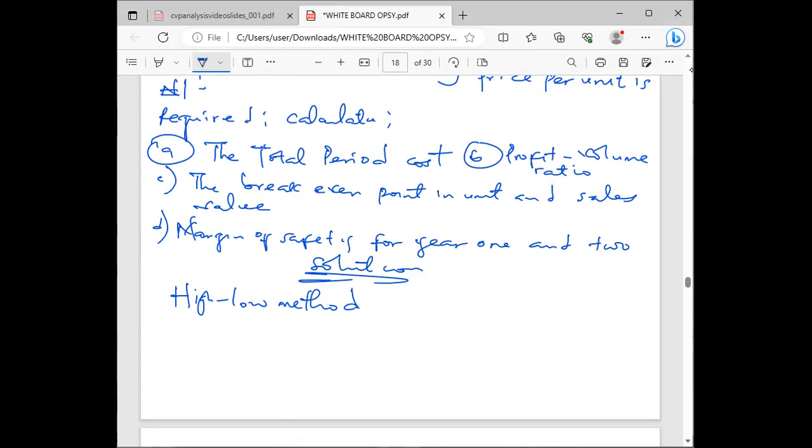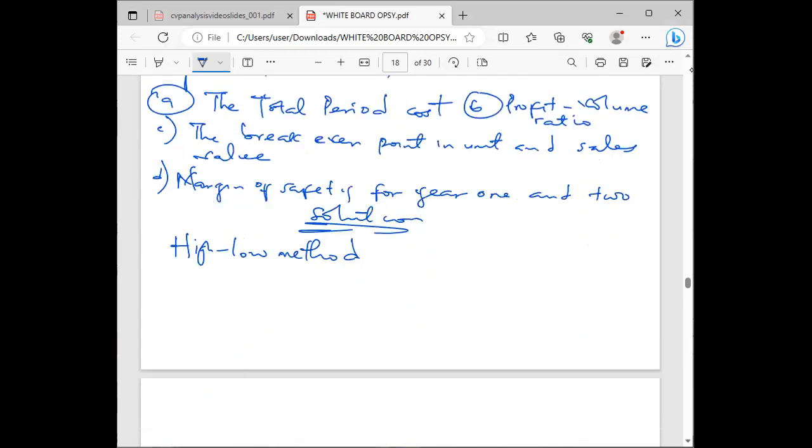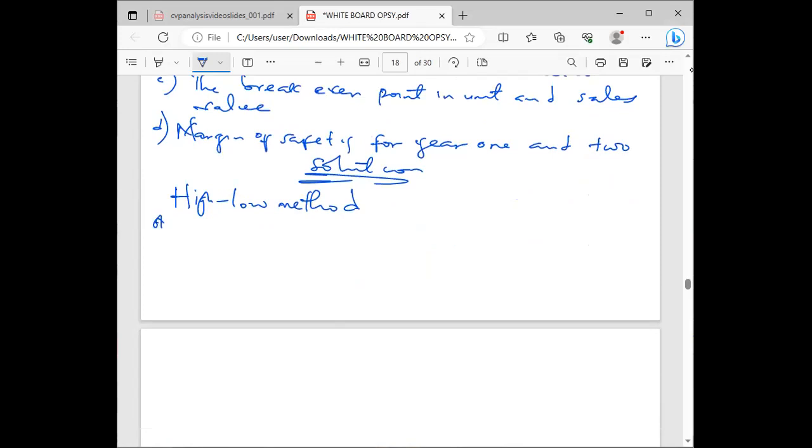And how do we go about the high-low method? Step 1. From the variables given, indicate the highest out of all values for your total sales and total cost. You can pick any of them and start with, knowing fully well that your sales and your costs go in the same proportion.